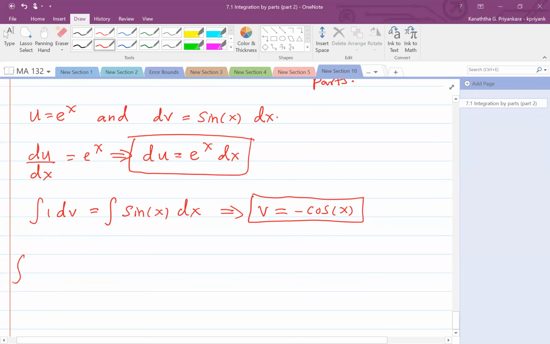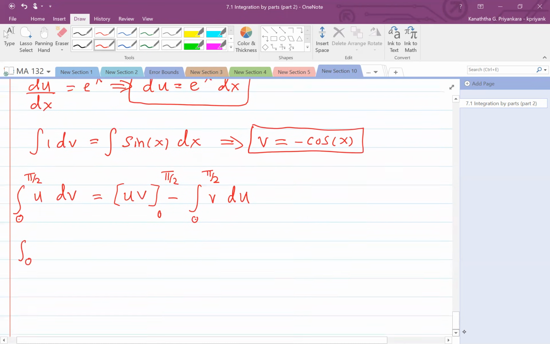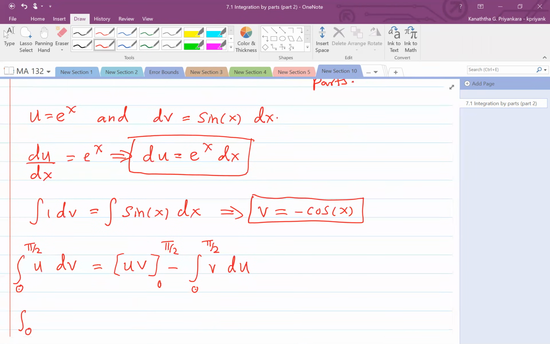Now we can apply the integration by parts formula: the integral of u dv equals uv minus the integral of v du. Remember, this is a definite integral, so we have to evaluate from 0 to pi over 2.